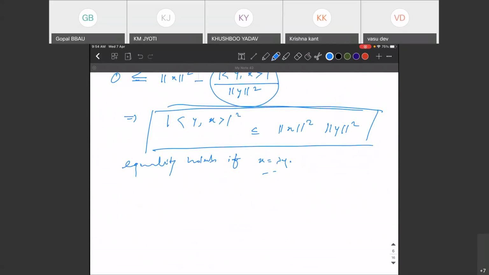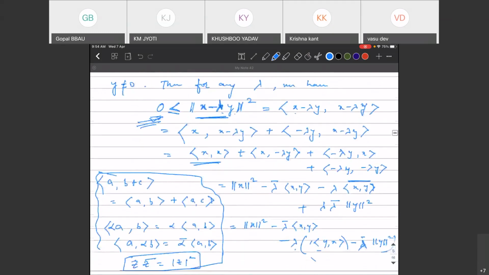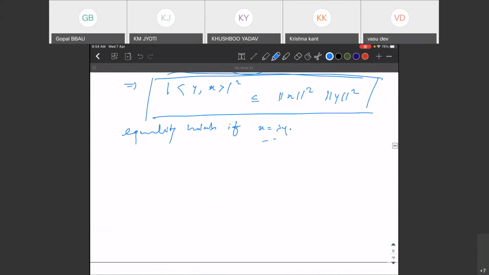Okay. Now we defined the norm like this, but we have not yet proved whether this is actually a norm or not. So let's see that. When we define ‖x‖² like this, then this is a norm.